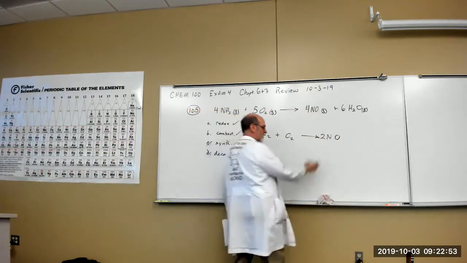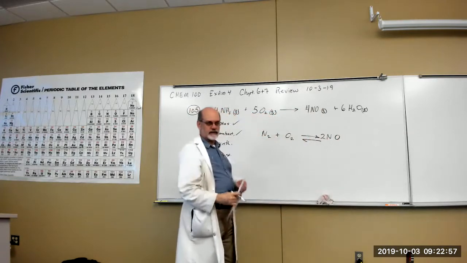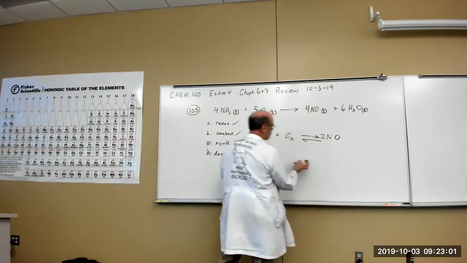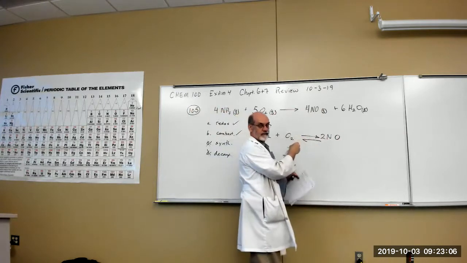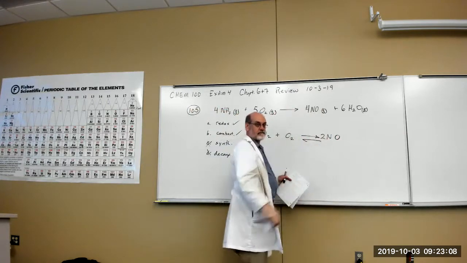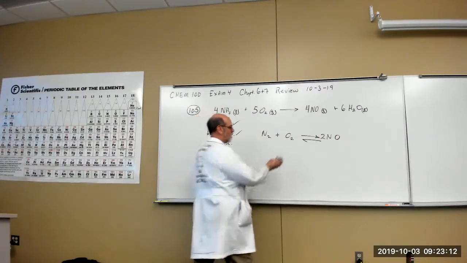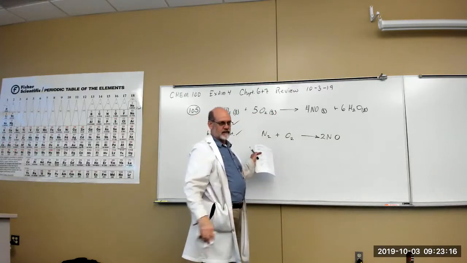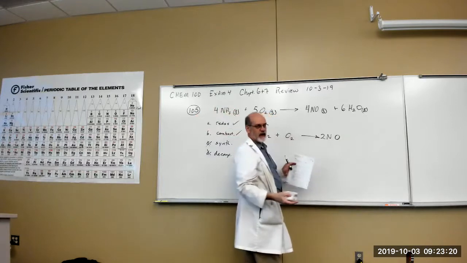And if we had this and we drove the reaction backwards, that'd be decomposition. Yeah, if you flip the reaction around. Written that way, that's only a synthesis. If I flipped it around and flipped this over here and those over there, that would be a decomposition.